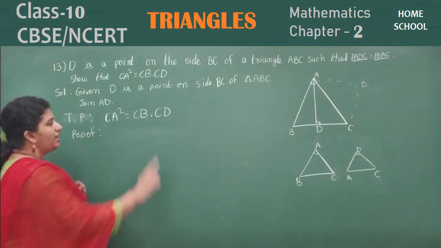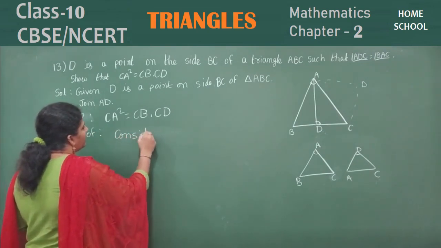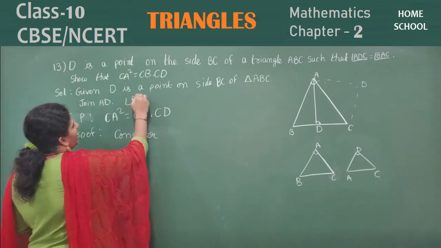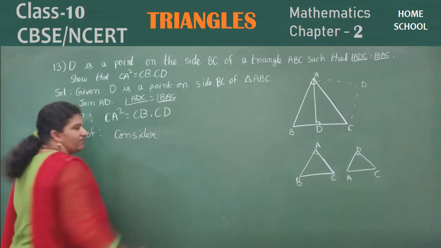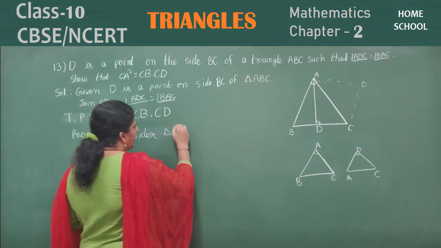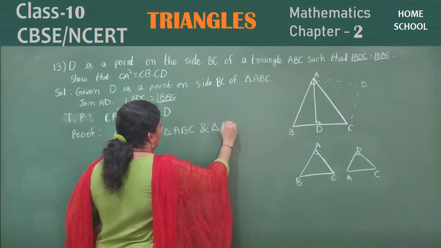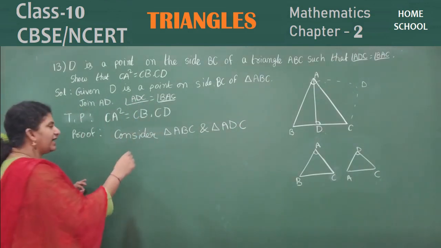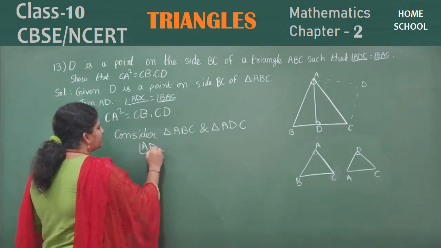Next, proof. Consider the two triangles. In the given data we need to write one more, no? What is that, children? Angle ADC is equal to angle BAC is given. And to prove, consider triangle ABC and triangle ADC.